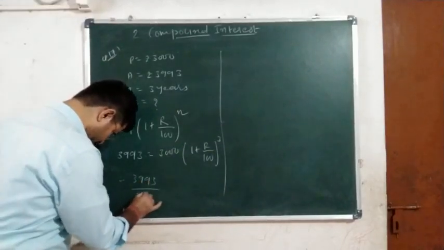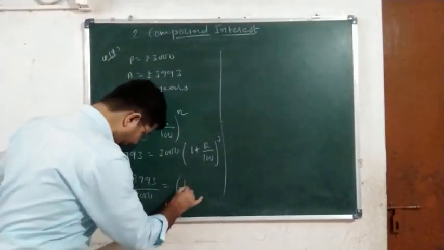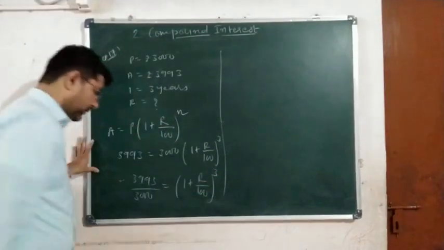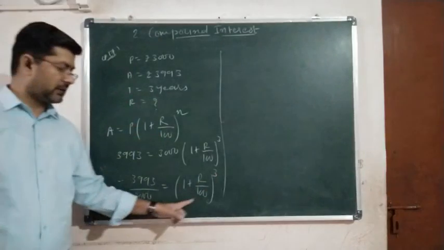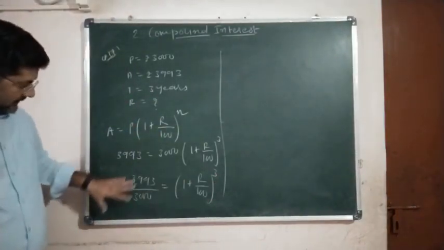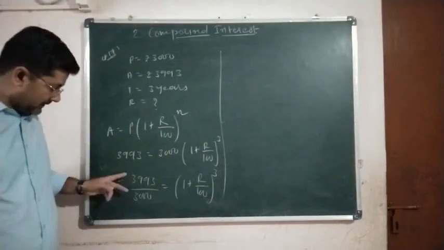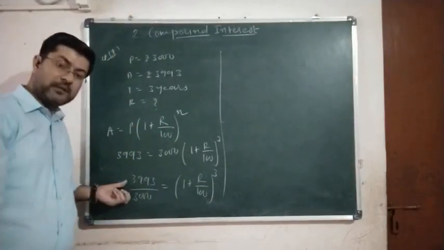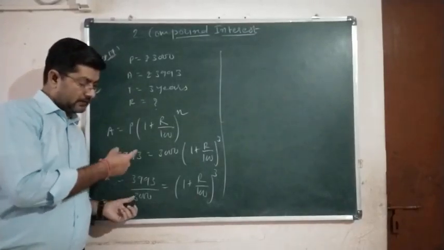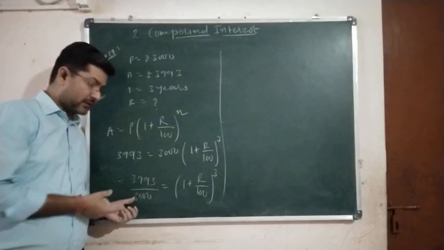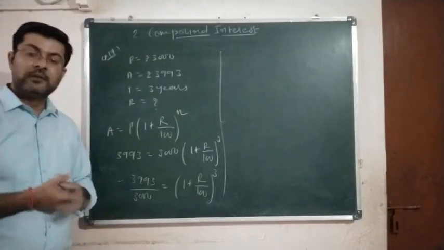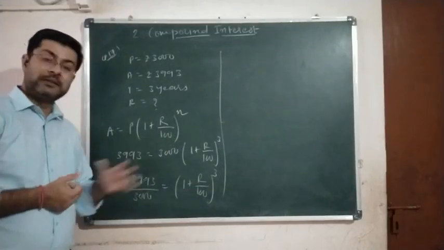Therefore 3993 upon 3000 is equal to 1 plus r upon 100 raised to 3. Now in this case you will notice that the power on the right hand side is 3. So we will simplify this ratio such that the numerator and denominator can be written as a power of some number, with exponent 3.